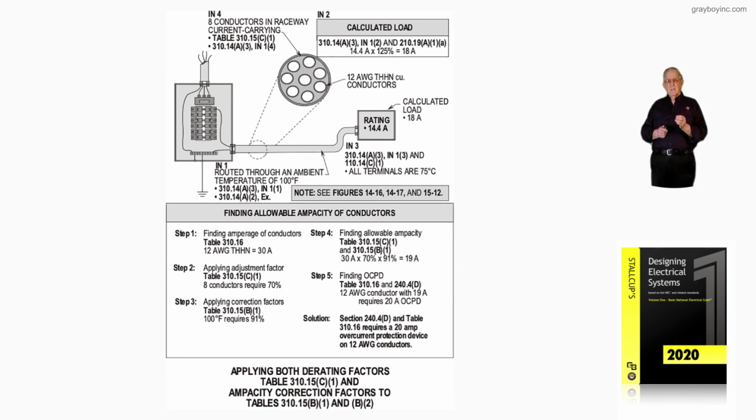So the solution and answer is number 6 THHN copper conductors on a 50 amp overcurrent device is permitted based upon the 52 amps per step 2 above.